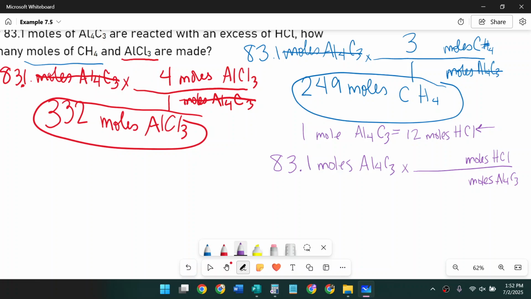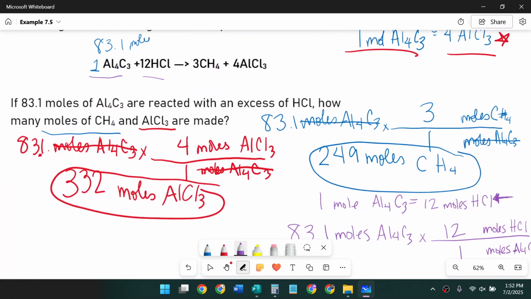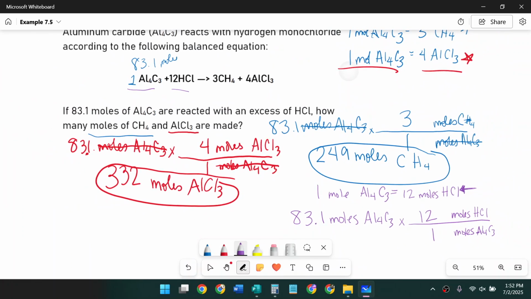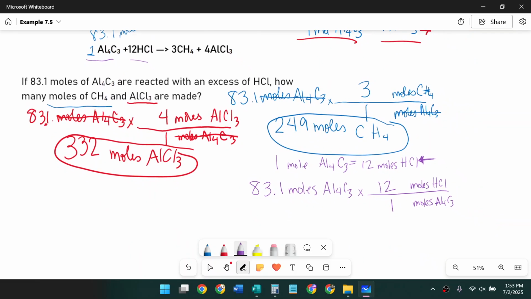So for every 1 mole of Al4C3, we have 12 moles of HCl, again, because we're using this conversion relationship that we made using the reaction formula that was up there. Zoom out a little bit so you can see all of it. And then this will cancel, leaving us with what we actually want, which is the number of moles of HCl.